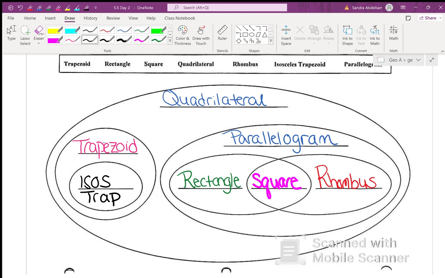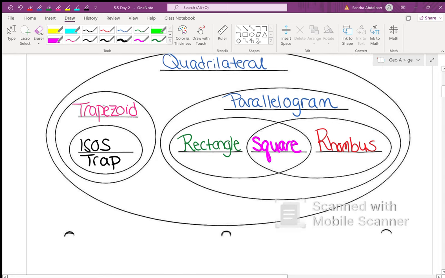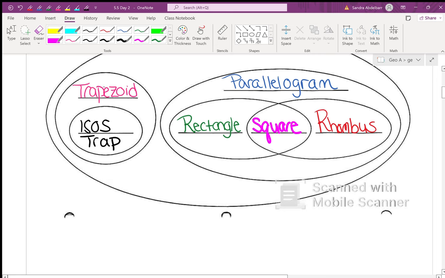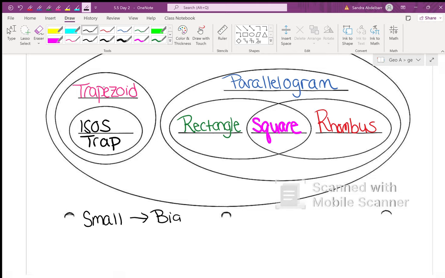Okay, so I'll write out the rules for you and then I'll explain it. If we are going small to big, it's going to be an always. If we're going big to small, it's a sometimes.